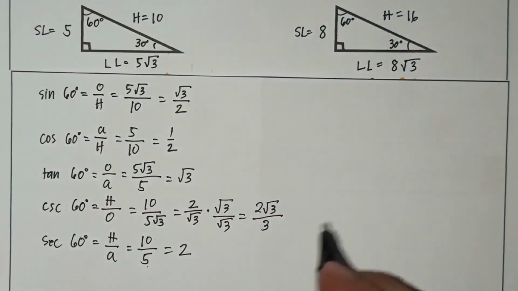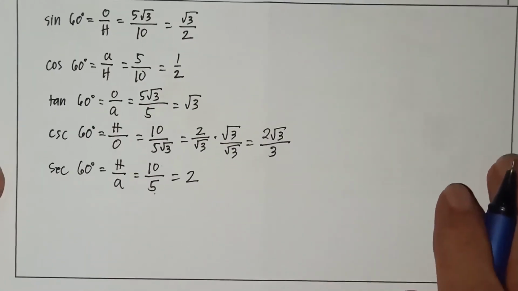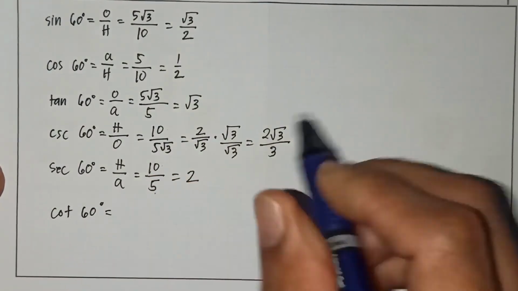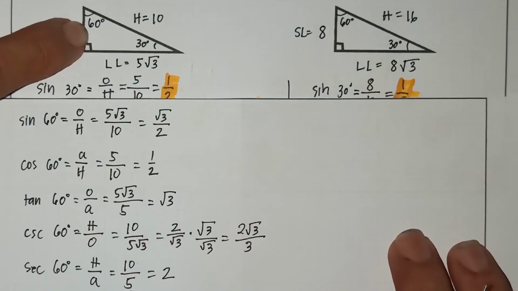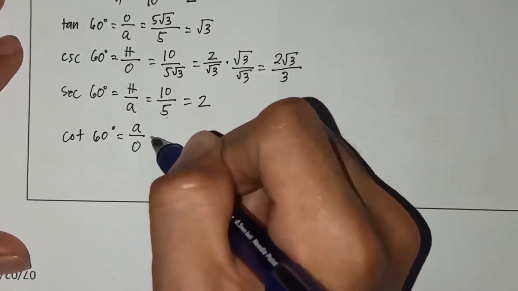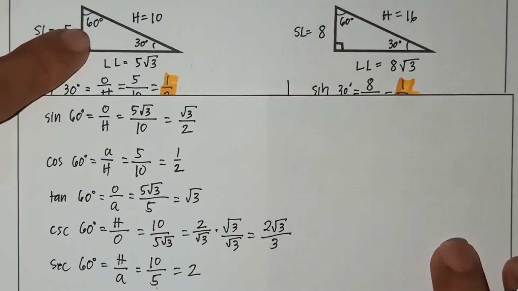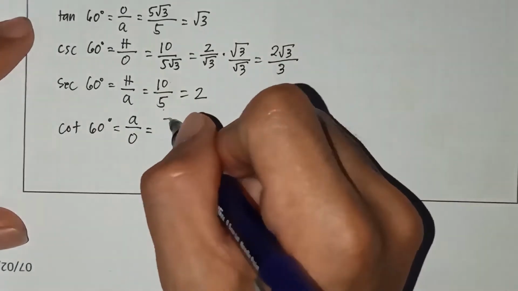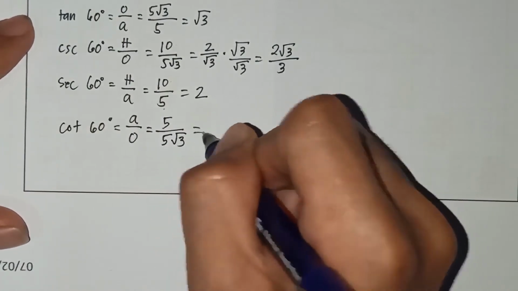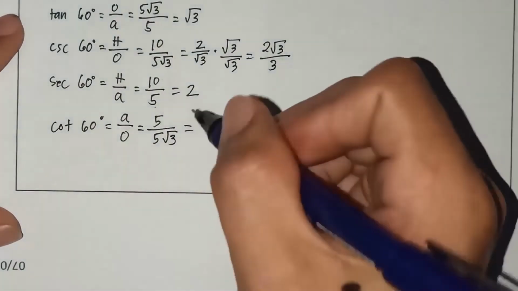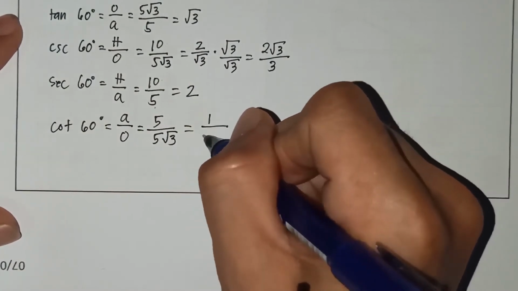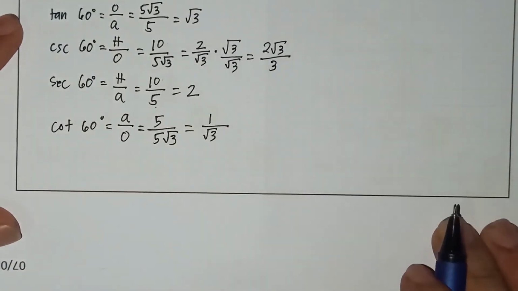And the last one, we have the cotangent 60 degrees, and that is the same as adjacent over opposite, and the adjacent here is 5 and the opposite is 5 square root of 3. So the result here is 5 divided by 5 is 1, so 1 over square root of 3.